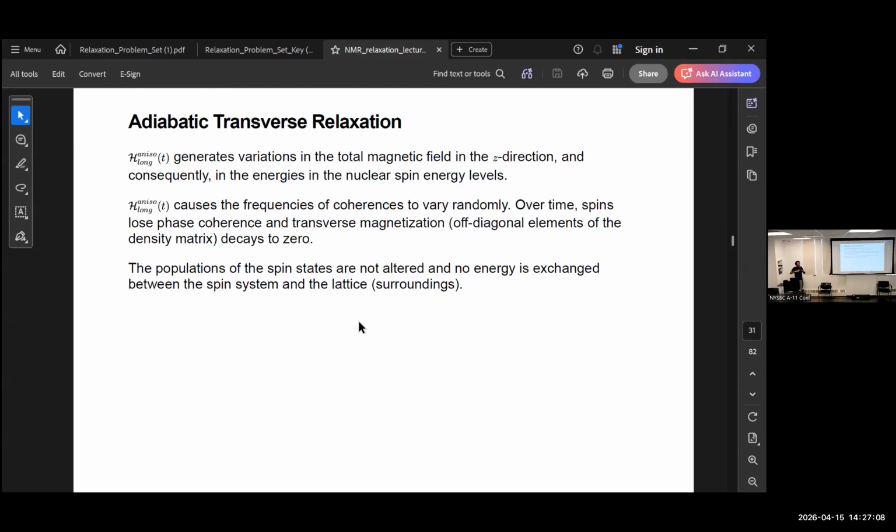In the density matrix, the non-zero term will be off-diagonal. That phase coherence is eventually lost because these spins precess with slightly different random frequencies, and the average of that over time eventually disappears, so you get no phase coherence. That is adiabatic transverse relaxation.